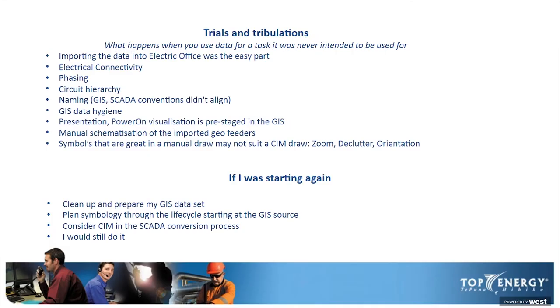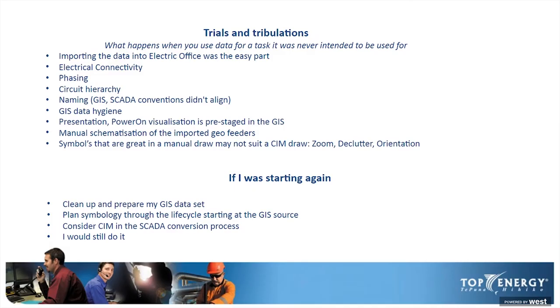Funnily enough, my SCADA people and my GIS people, although they're located about 10 metres away from each other, have never agreed on a naming convention between components. So they're quite different in naming, so we needed a standardisation process to go through that. So that was all just to get it to where we could start to import data into our things.